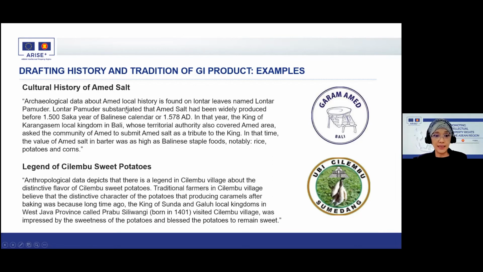Lontar Pamuder substantiated that Amet salt had been widely produced before 1500 Saka year of Balinese calendar, or 1578 AD. In that year, the king of Karangasem local kingdom in Bali, whose territorial authority also covered Amet area, asked the community of Amet to submit Amet salt as a tribute to the king instead of staple foods.